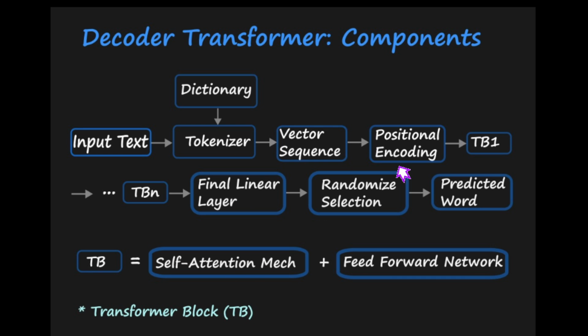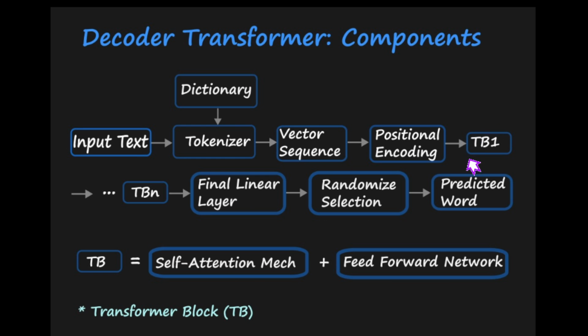It doesn't know word order, so you have to give it a pattern so it recognizes it. The decoder transformer processes data in parallel. All of the input tokens are processed in parallel operations. So that's why you have to have positional encoding.